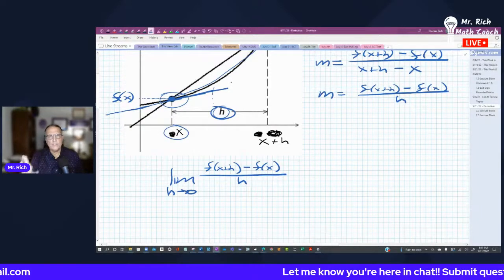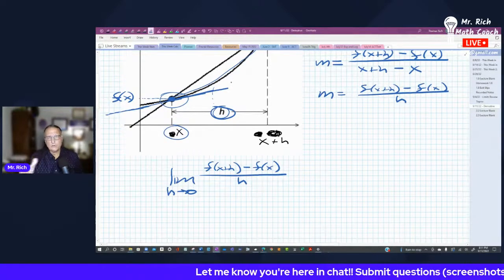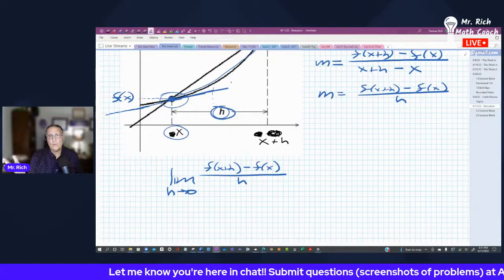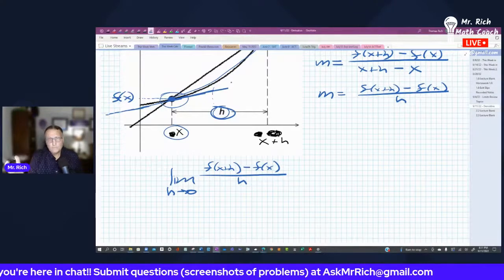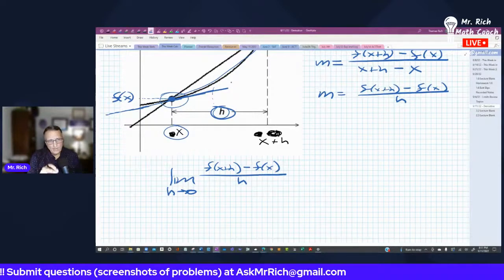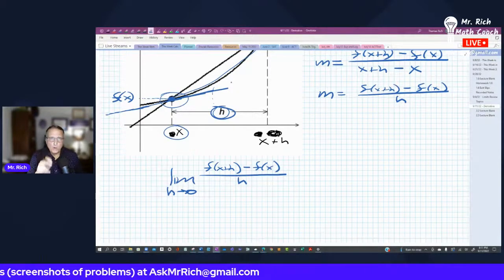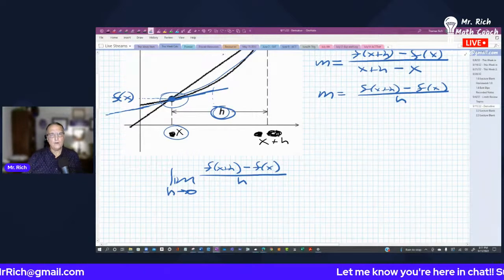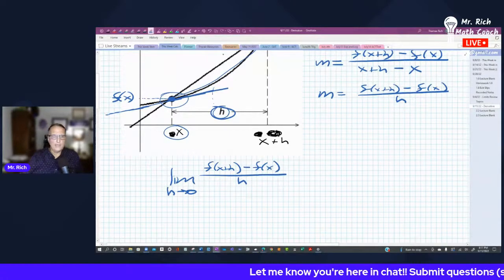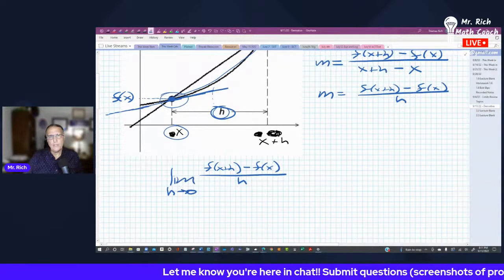You learned this in geometry as the tangent of a circle, but we have tangent lines to any curved function. If that line touches it at just that one point, then that's called a tangent line. So my secant line turns into a tangent line as h approaches 0 in my diagram.